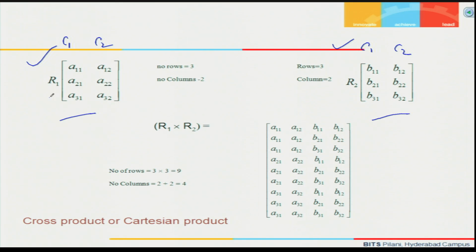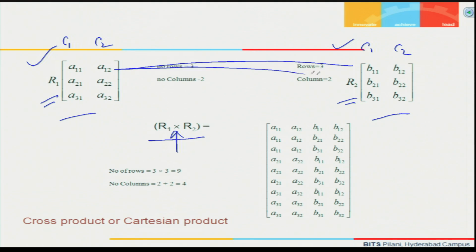That is why the degree of R1 is 2 and the degree of R2 is 2. If I apply the Cartesian product operation, tuple 1 will be joined with all the 3 tuples in relation 2. That is why I have A11, A12 and then B11, B12. This is joined with this.